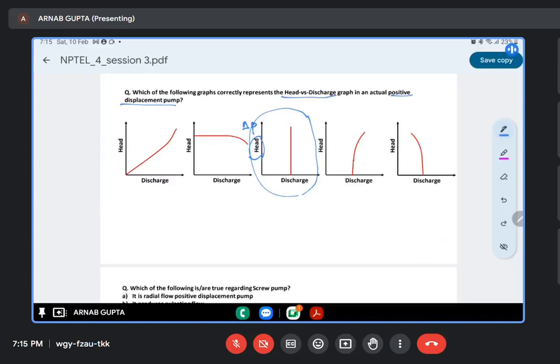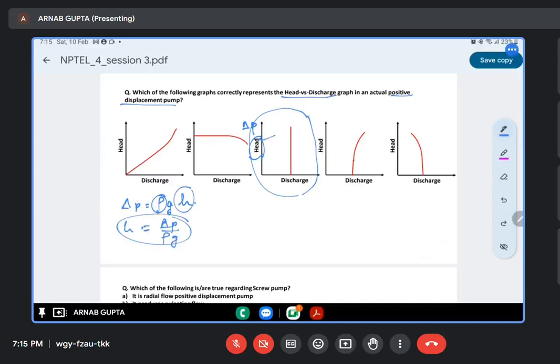So let me just tell you, delta P, say it's rho g h. Rho is the density that we are using, g is the gravitational acceleration, and h is the head that we are talking about.